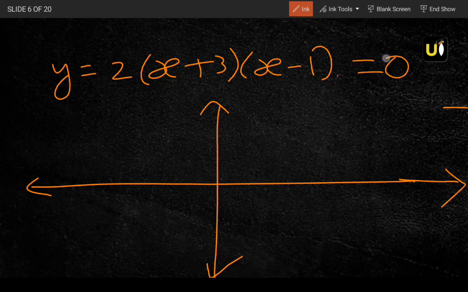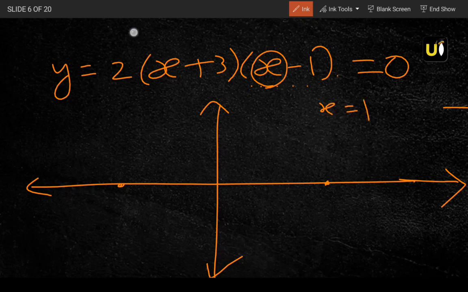Here if we substitute x is equal to 1, this will be 2 into 1 plus 3 into 1 minus 1. So this will be equal to 0. That means 1 is one of the points where the graph will touch the x-axis.